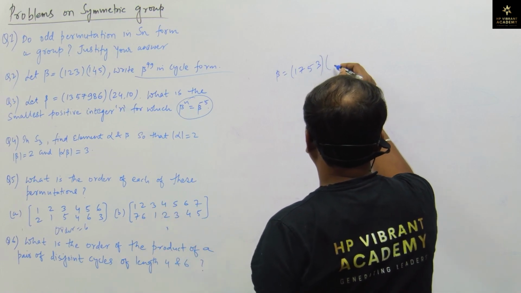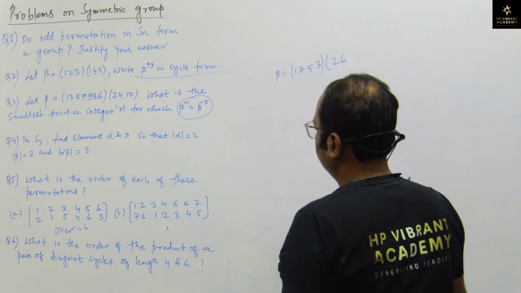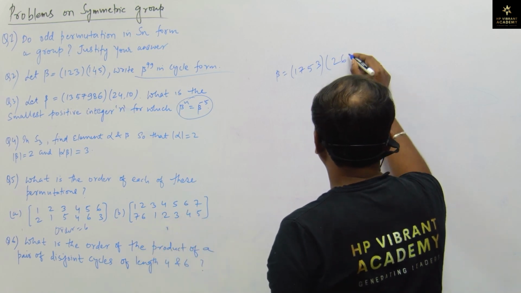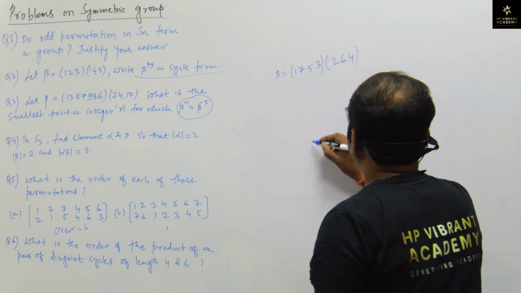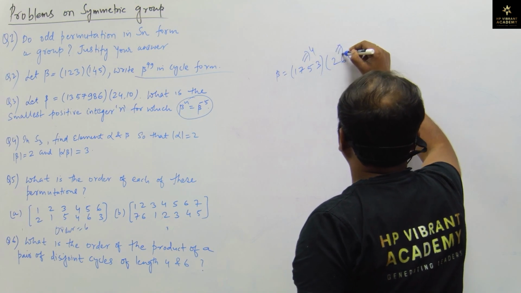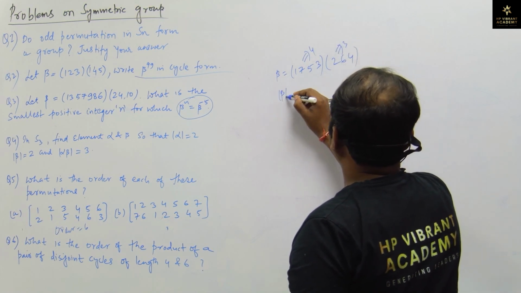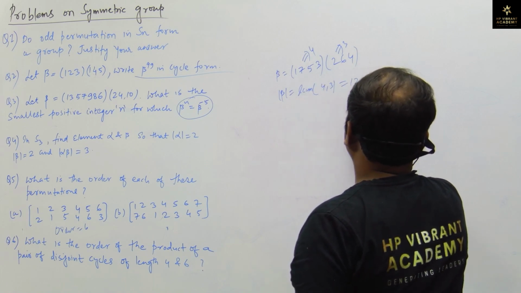This is closed. Now start from 2. 2 goes to 6, 6 goes to 4 and 4 goes to 2. So this is closed. So this is a cycle of length 4 and this is a cycle of length 3. So the order of beta is equal to LCM of 4 and 3, which is 12.